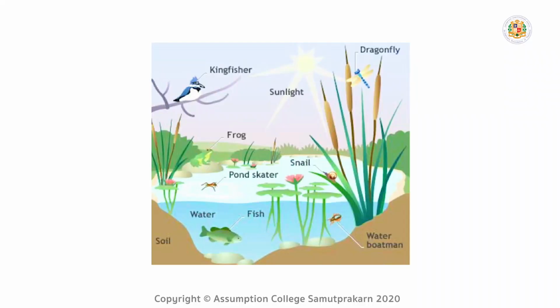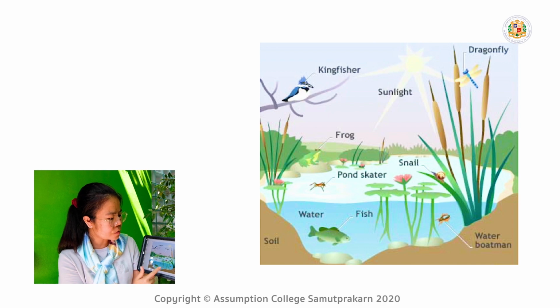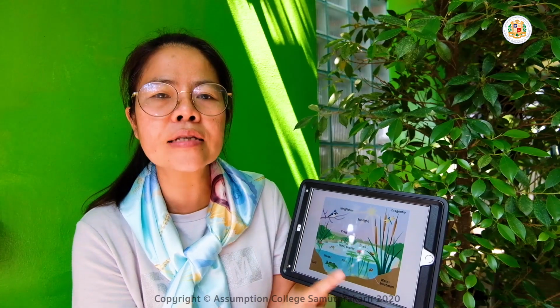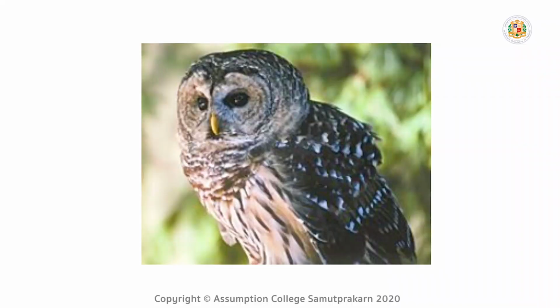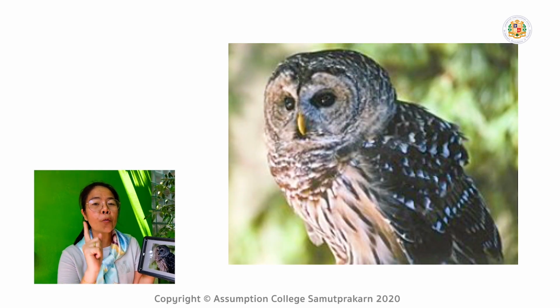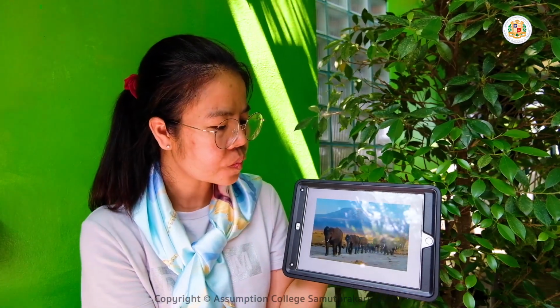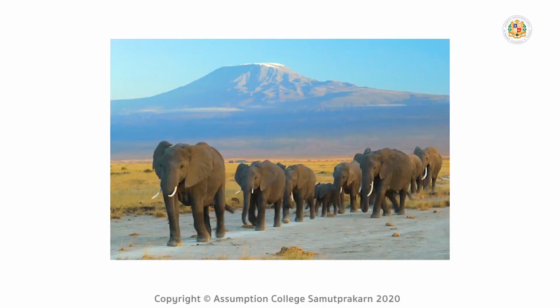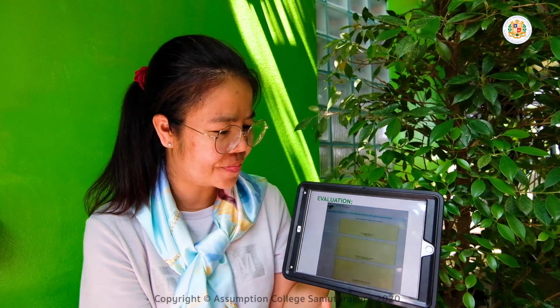And this, we can find many species of living things and plants living together. This we know well is community. Okay. And only one organism, a living thing, we know well is organism, right? Easy. And this is a number of elephants. So it means population.